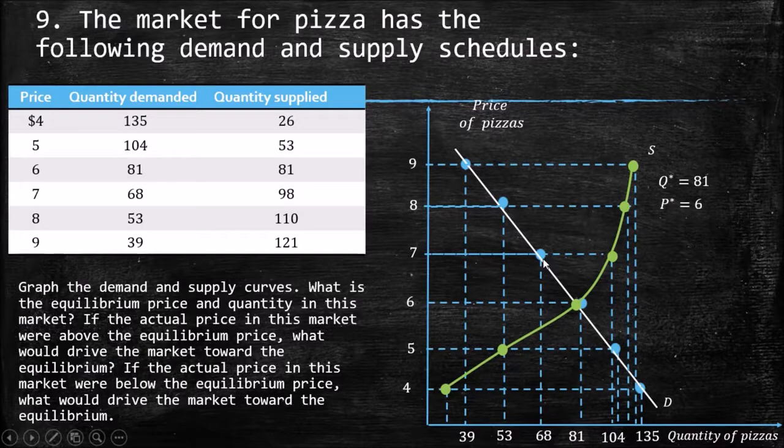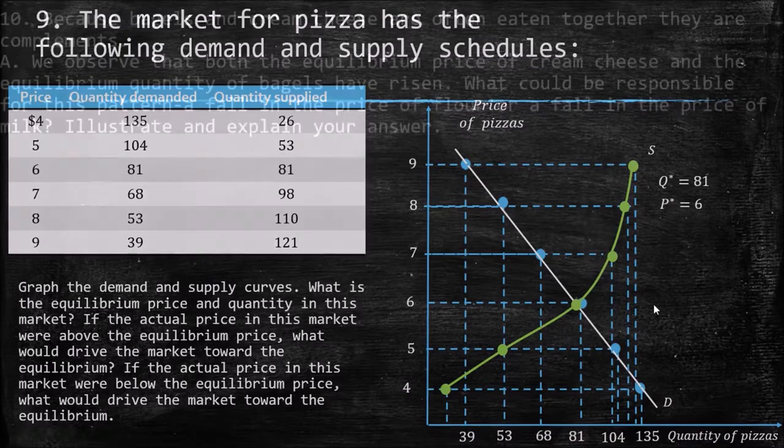So the suppliers can think that they can sell everything if they decrease the price from 7 to 6, and they will face the equilibrium price and equilibrium quantity.